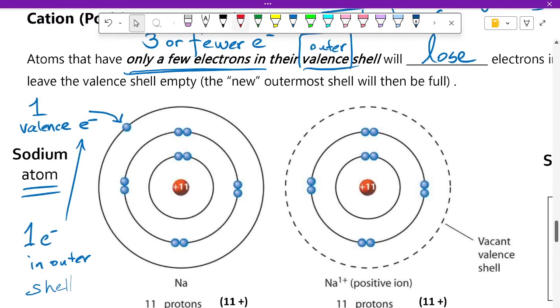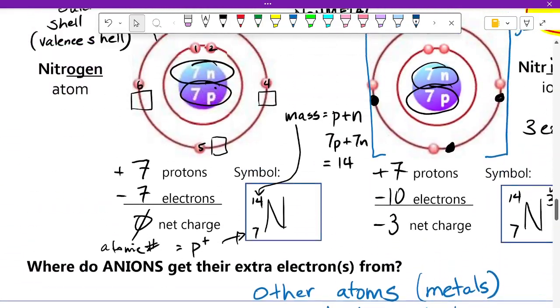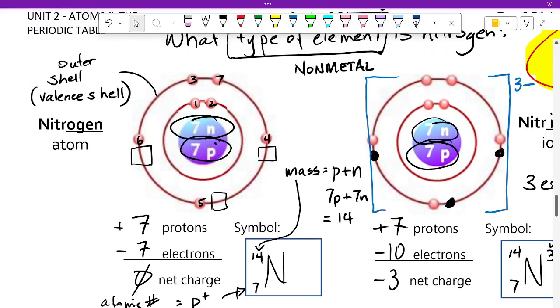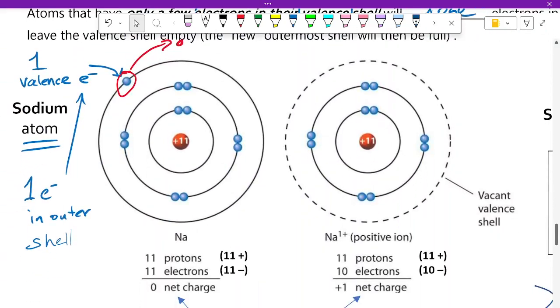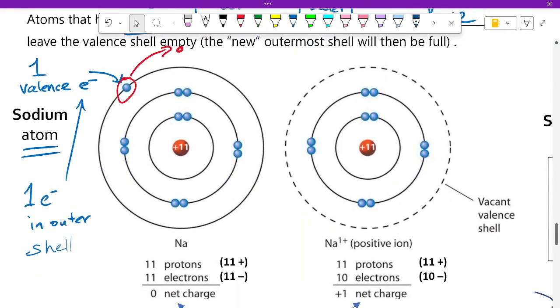And what happens with this little electron here? This little electron here goes bye-bye, out off into the universe. Probably it gets given to another atom, like maybe it gives its electron to a nitrogen that needs one. So that electron leaves, goes to another atom, and that leaves our valence shell empty. So this is now empty.